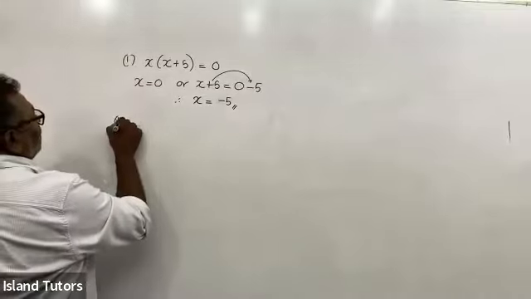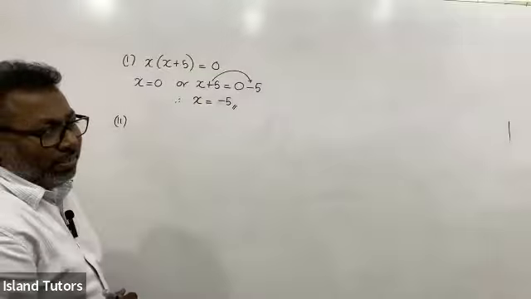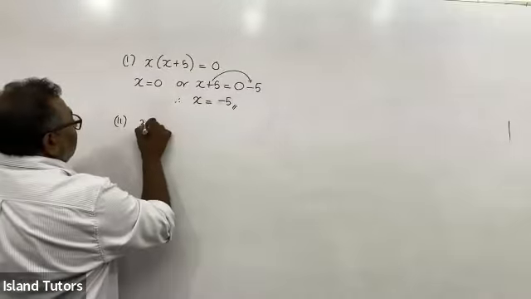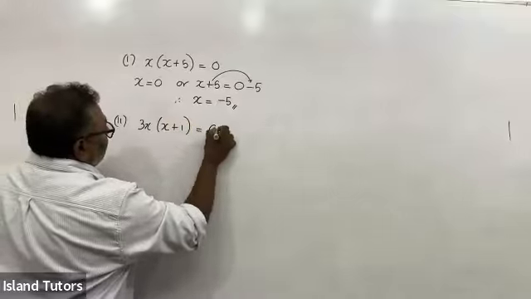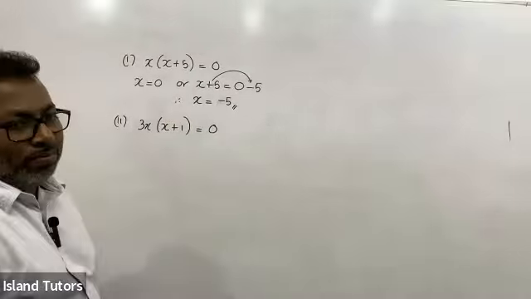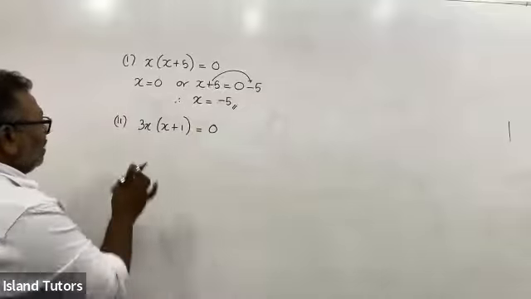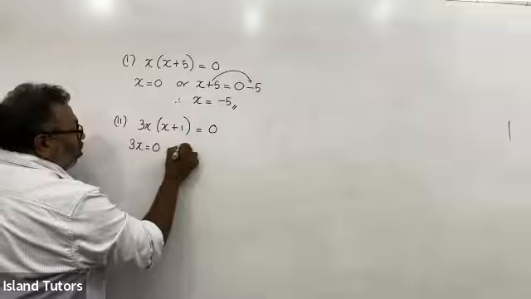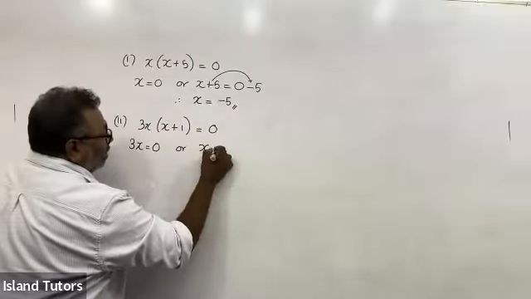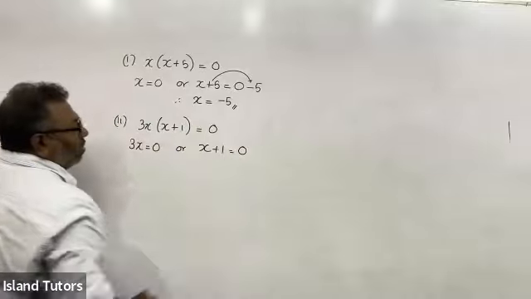Then we go to the second type of quadratic. What is that? 3x into x plus 1 is equal to 0. So here either 3x is equal to 0 or x plus 1 is equal to 0.